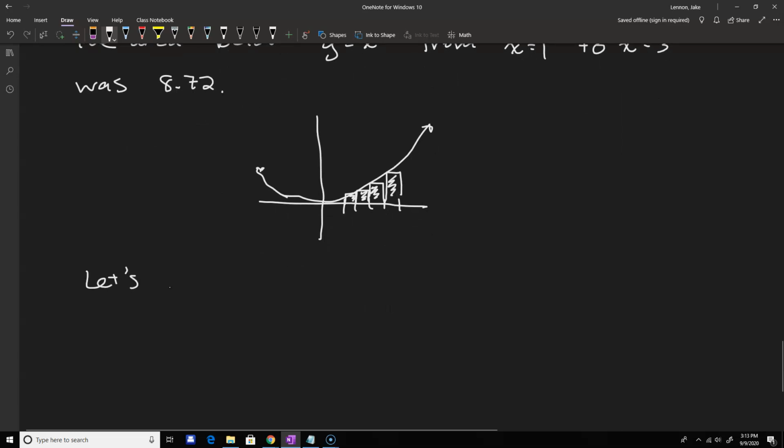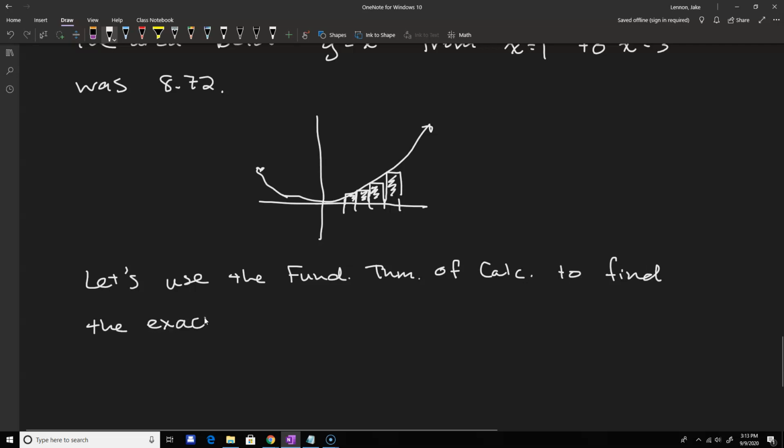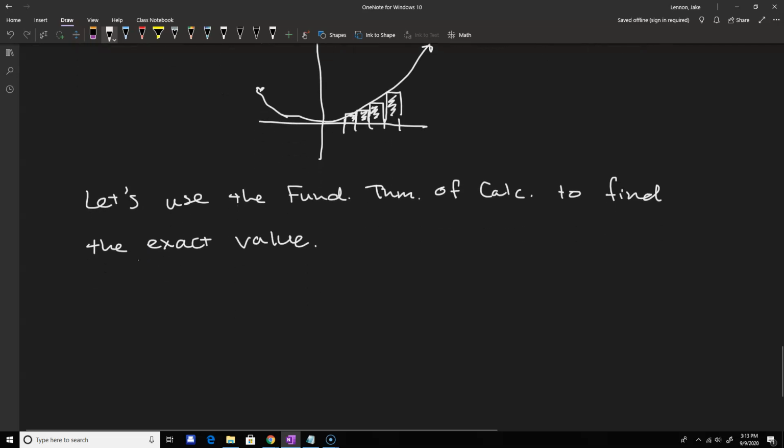So let's use the fundamental theorem of calculus to find the exact value. So basically our area is given using this notation, the integral symbol from 1 to 3 of this x squared dx.